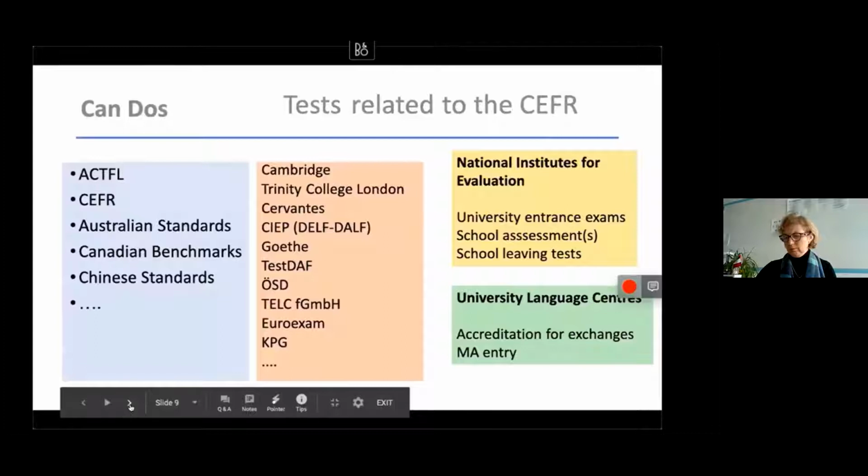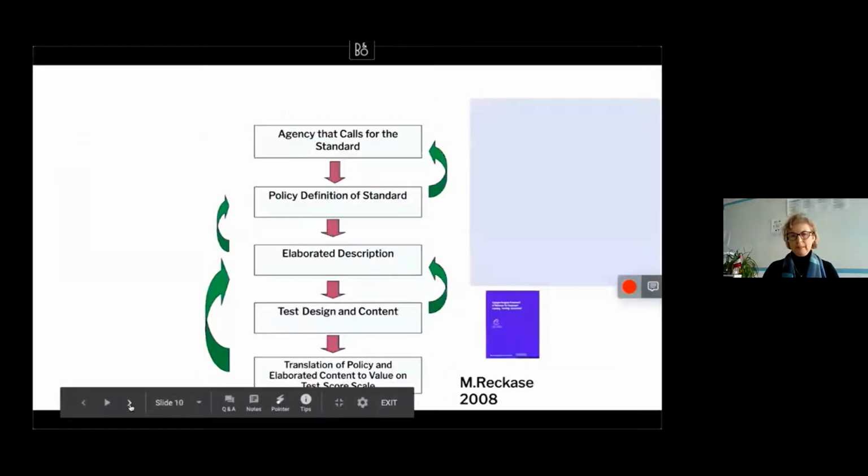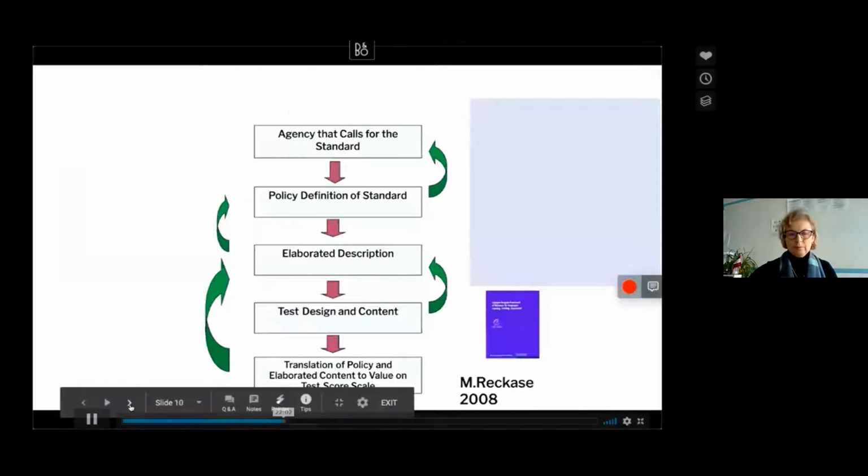But the same thing will happen if you want to take a Cambridge exam. You will find it easy to relate that Cambridge exam score to a score on the TOEFL or on the ACTFL or on the Canadian benchmarks. So far, so good. It looks as if all the assessments in terms of high stakes are comparable.